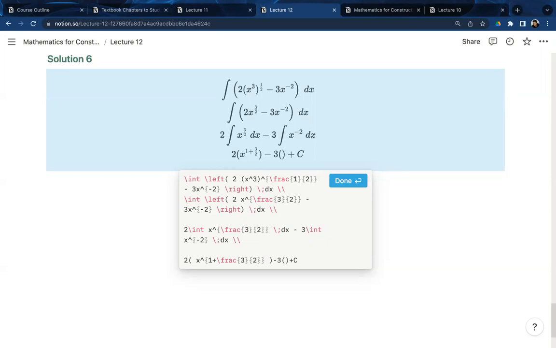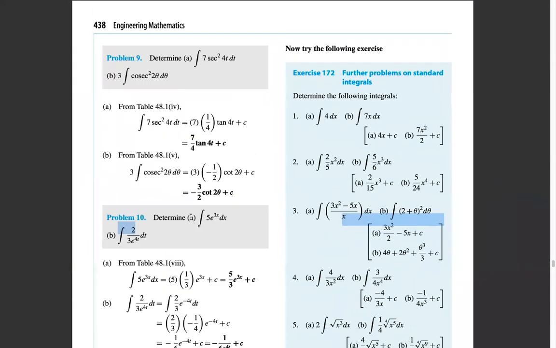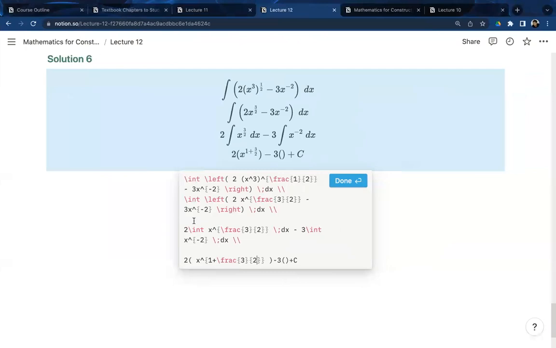That's the power that x is being raised to, okay? We see it here in the examples in the book. Let me show you. You see here, negative 3 over 4. So we add 1 to the negative 3 over 4, and then we divide by the power. So this itself is a fraction, right?